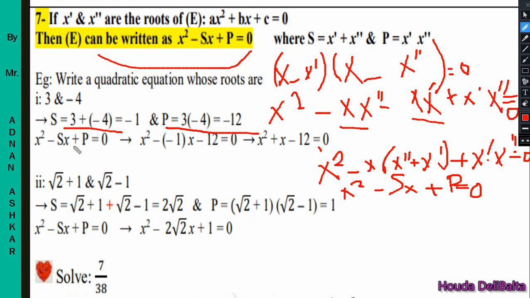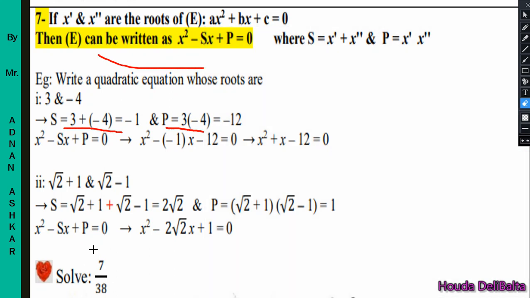Then applying this rule, x squared minus sx plus p equals 0, I can form the quadratic equation. So x squared is kept, minus sx, then minus into minus 1 is going to be plus 1x, plus p means plus minus 12, which is minus 12, and this is the quadratic equation that's formed by knowing the sum and the product of the roots.